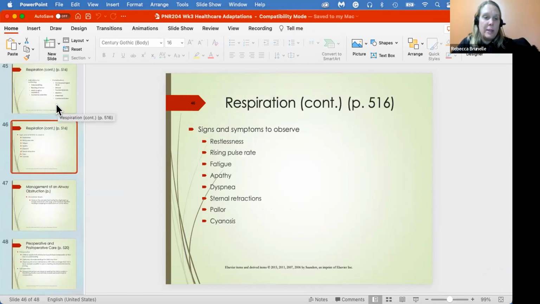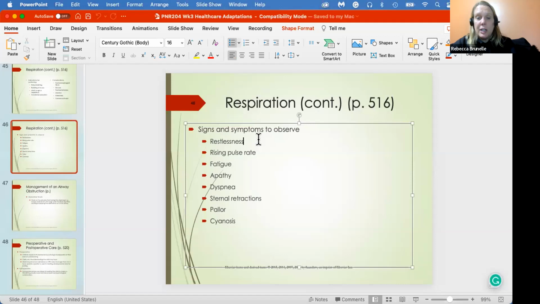One of the main ways that kids can get all sorts of illnesses, but they are particularly prone to respiratory illnesses. So being able to do a really good respiratory exam is important in pediatrics. There are certain things that you should be paying attention to. Sometimes the kid will be really restless and agitated, and you won't know why. That could be their subtle sign of having increased work of breathing or problems with their respiratory state.